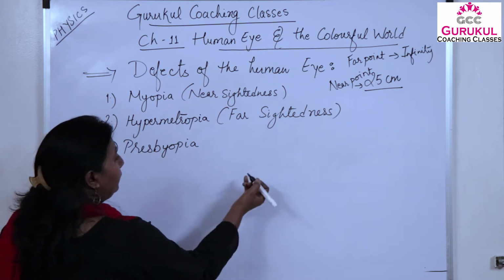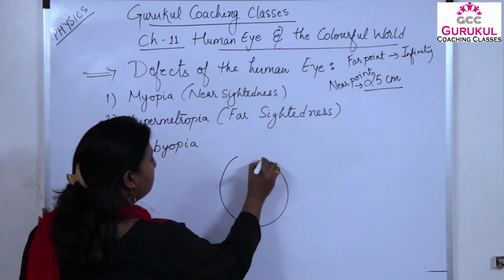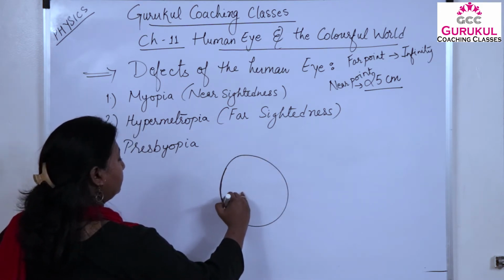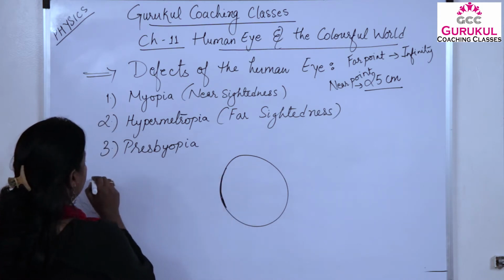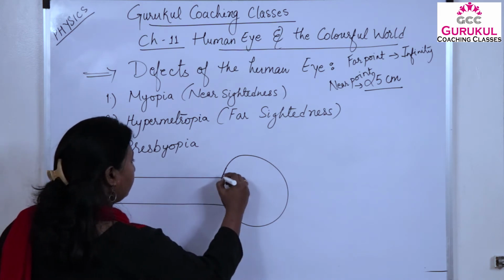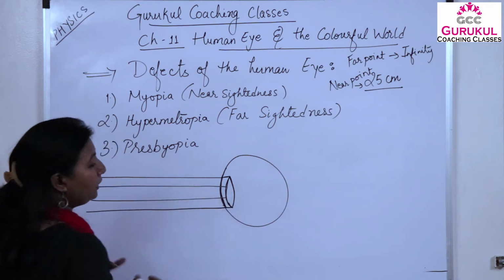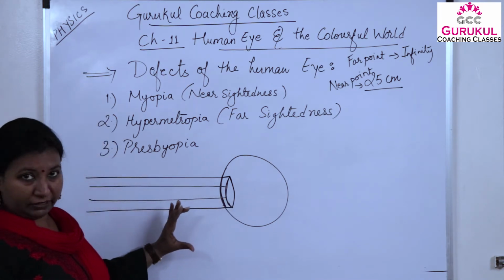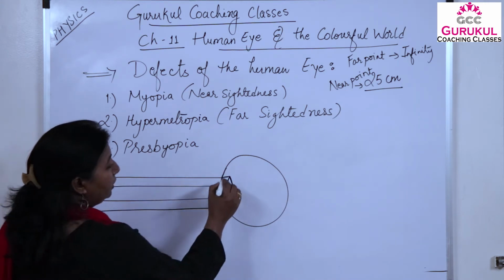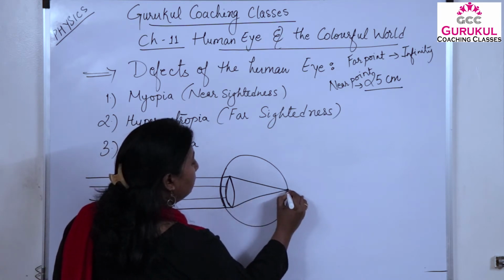So in a normal human eye, suppose this is a human eye, right? This is our lens. Parallel beam of rays are coming from infinity. The convex lens is a converging lens, so it will converge the light and the image will form on the retina.